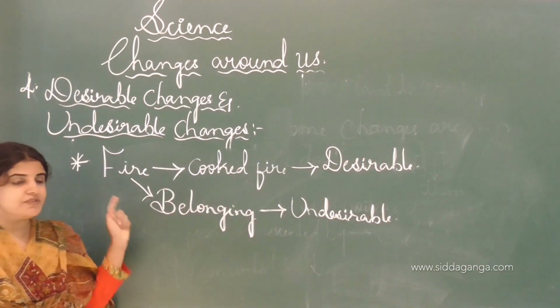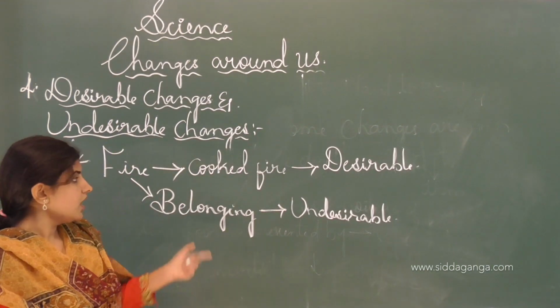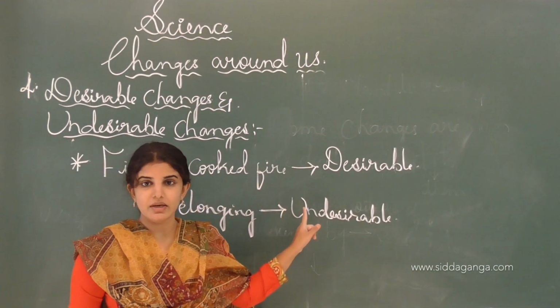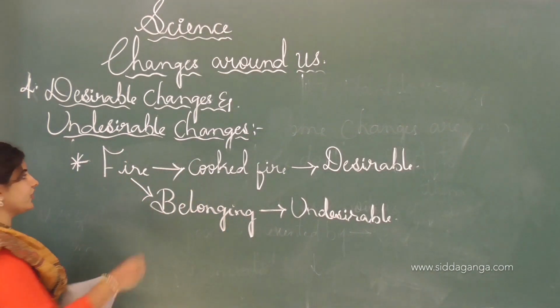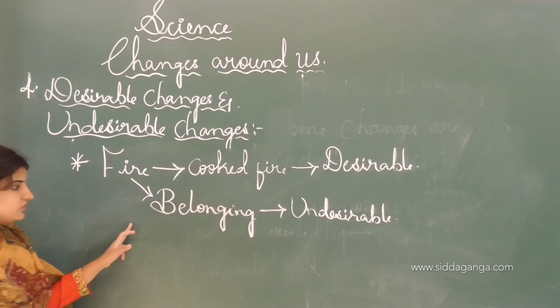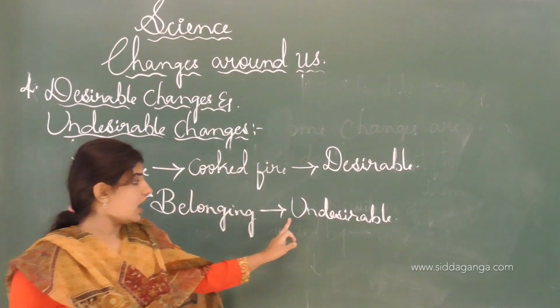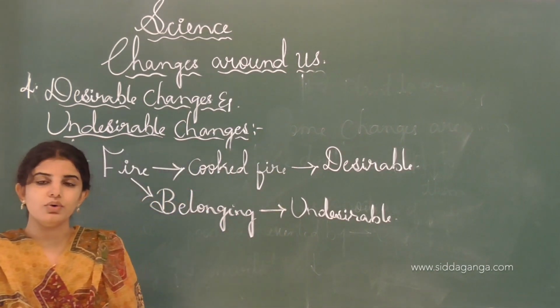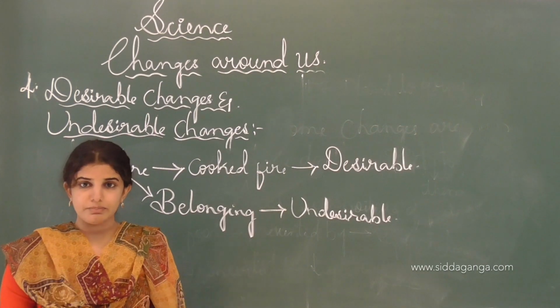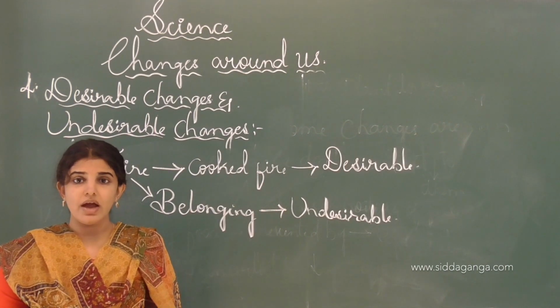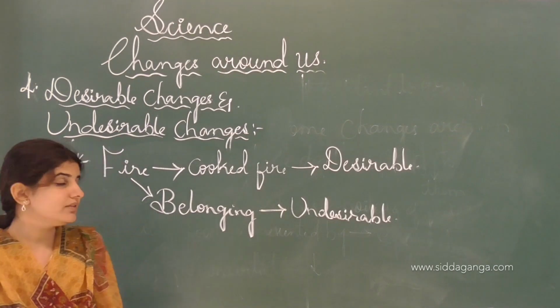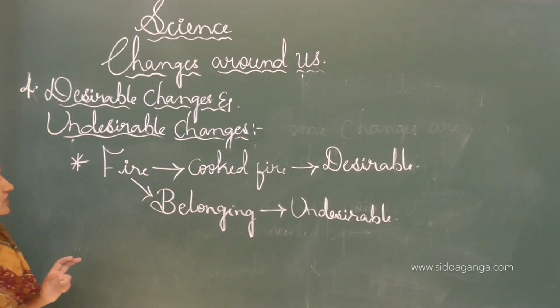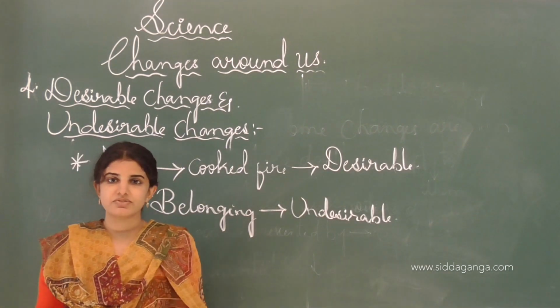The fire which we use to cook the food items is desirable at that particular time, it is useful to us. The same fire, if it burns our belongings, is undesirable. This is how a change is useful in one situation and harmful in another, and like that the desirable change and the undesirable change can be distinguished.